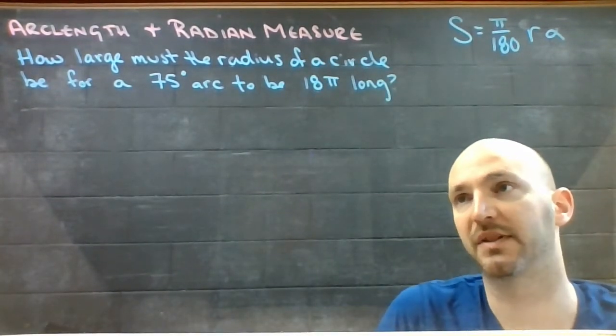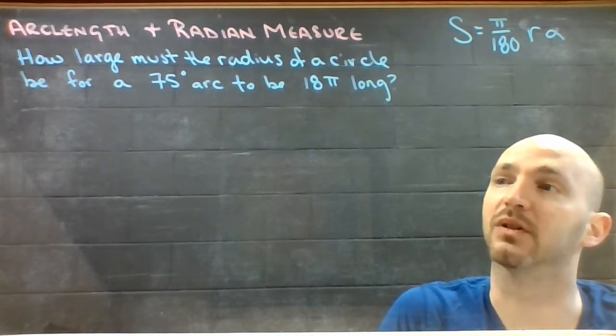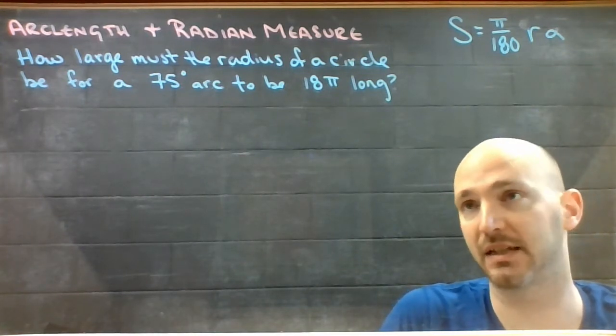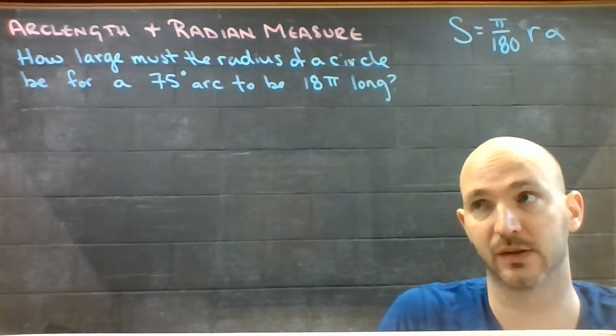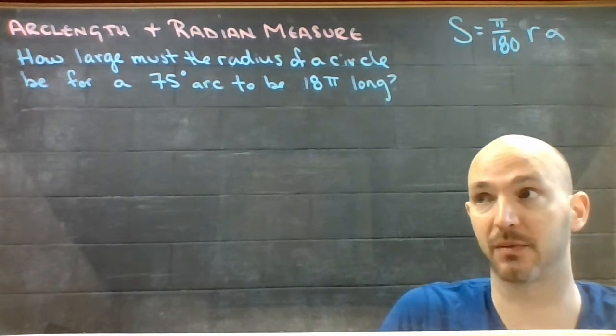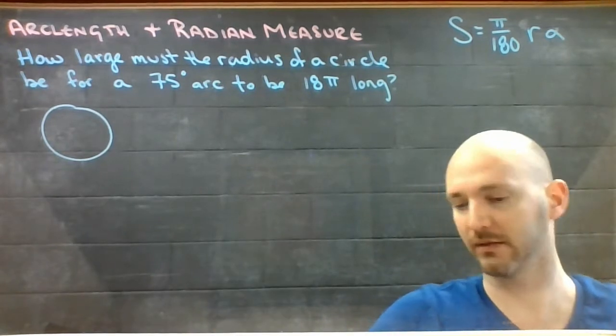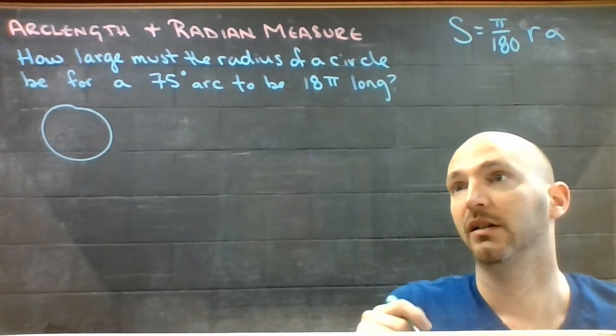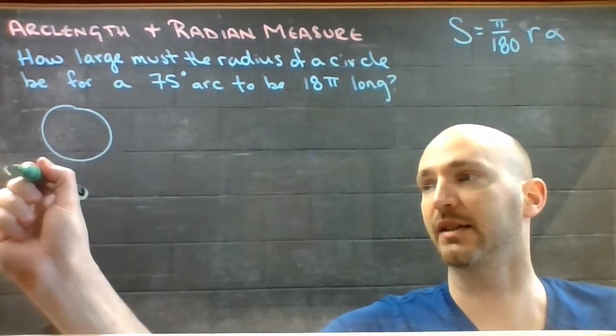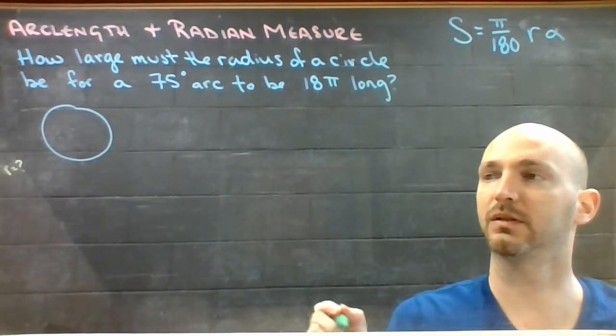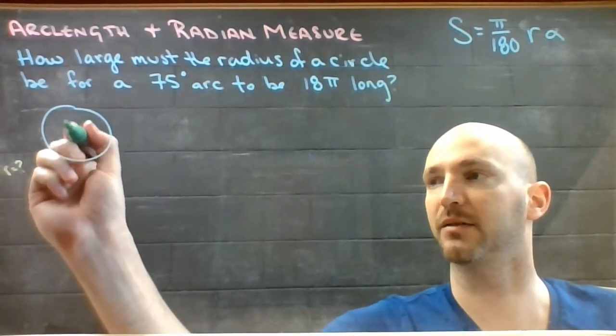So how large must the radius of a circle be for a 75-degree arc to be 18 pi long? So again, it's a sentence about a shape, so I better draw it. Okay, radius, I don't know. I'm going to pick a random reference point here.